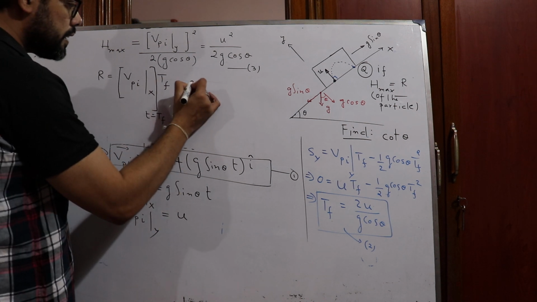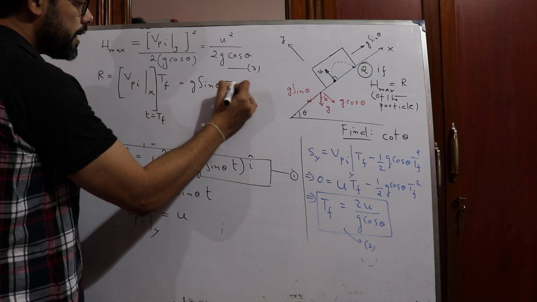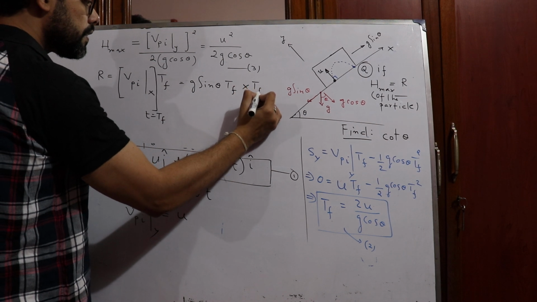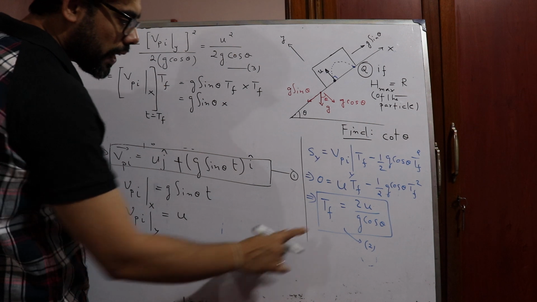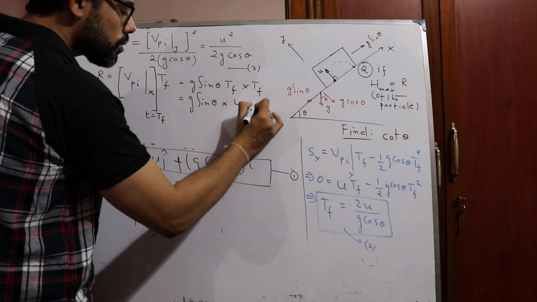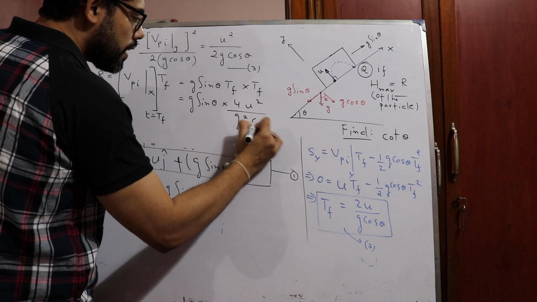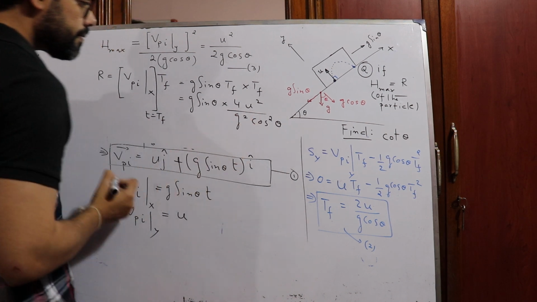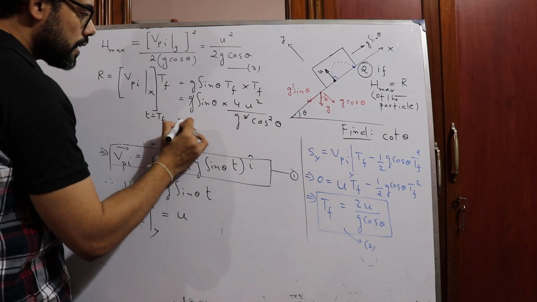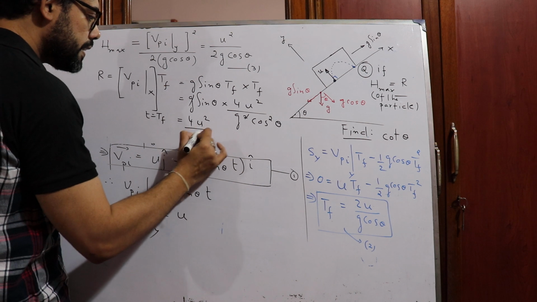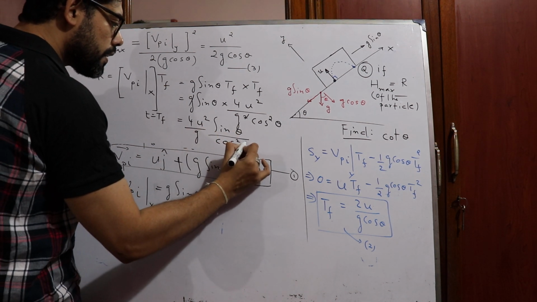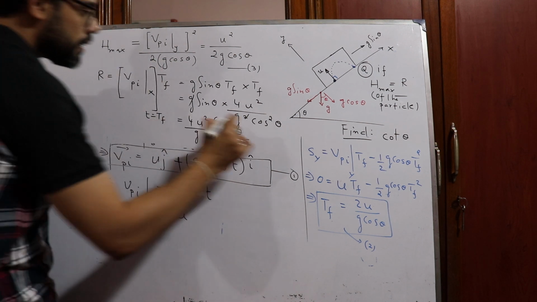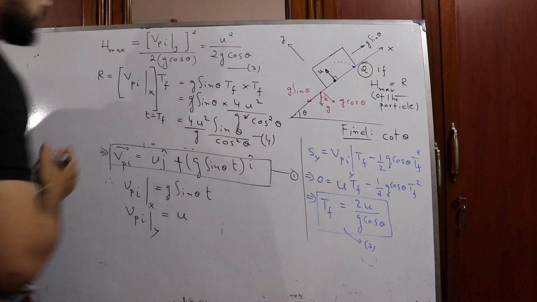So this is nothing but g sin theta into tf, so it is g sin theta into tf square. tf square is 4u square by g square cos square theta. So one g cancels, and you get 4u square sin theta by g cos square theta. Okay, so in this way we have got equation 4.